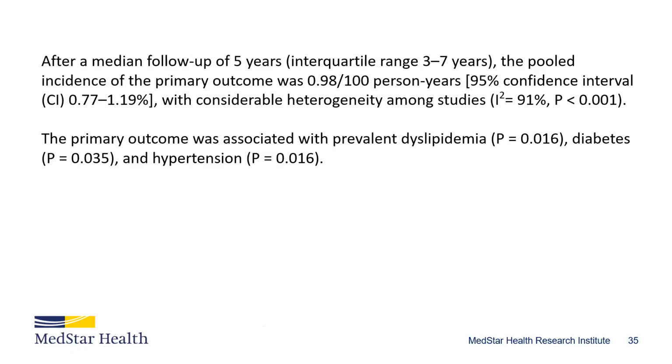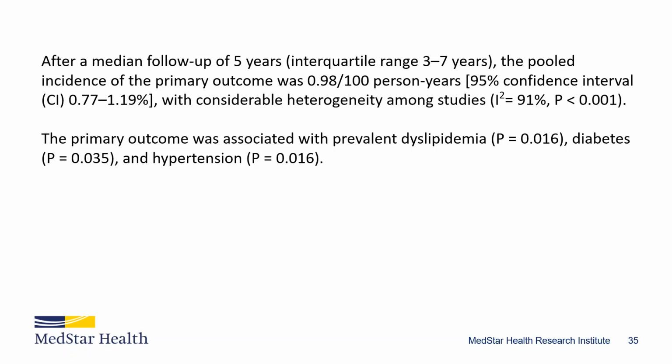But they also then did a meta-regression, to their credit. And so they found that the primary outcome was associated with dyslipidemia, diabetes, and hypertension. And of course, they would have looked at each of those separately, and they didn't look at them in combination.